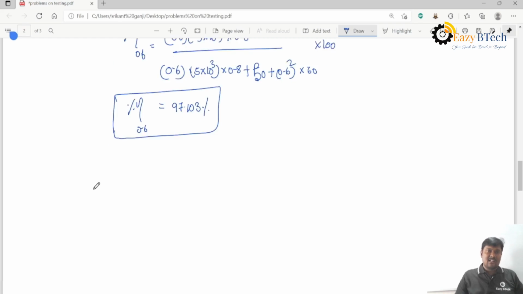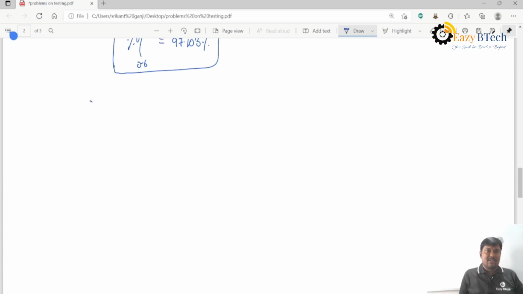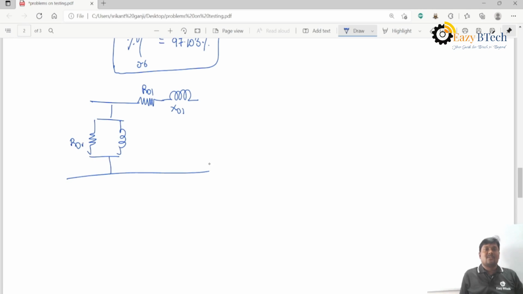And what is the finalized equivalent circuit now? All the parameters are referred to HV. So this is R01, X01, and the no load branch parameters are also referred to HV side only, because both the open circuit test and short circuit test are conducted on HV side. So substitute the values.